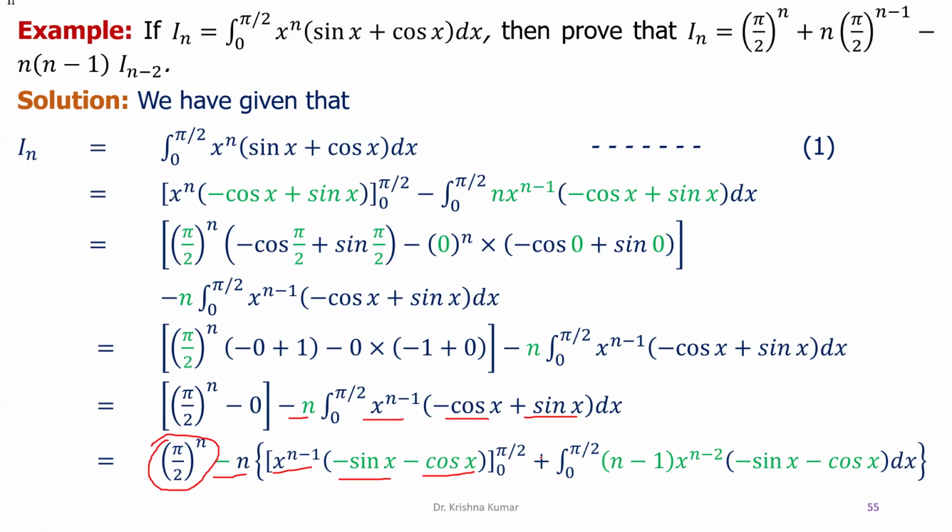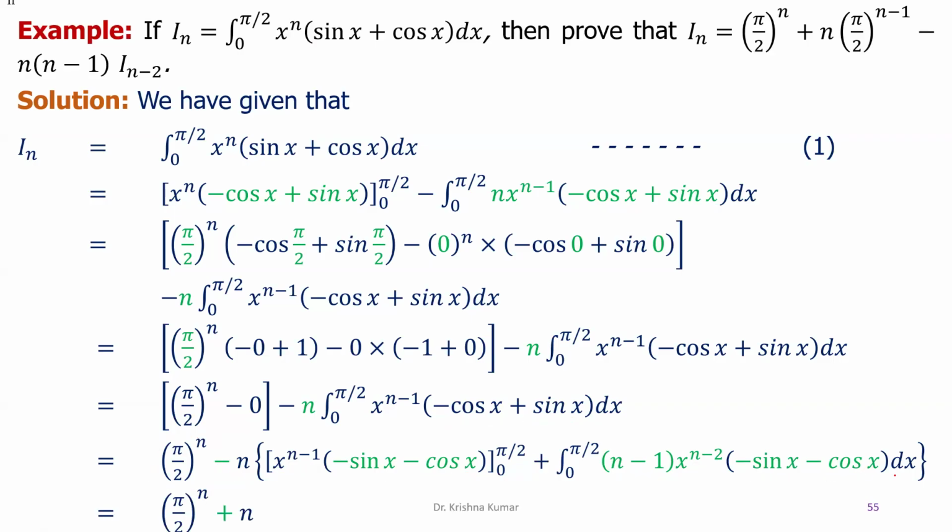Then this is not plus, this is minus sin x, and the derivative of x to the power n minus 1 is (n minus 1) x to the power n minus 2, and the integration of minus cos x is minus sin x, and the integration of sin x is minus cos x, with respect to x.